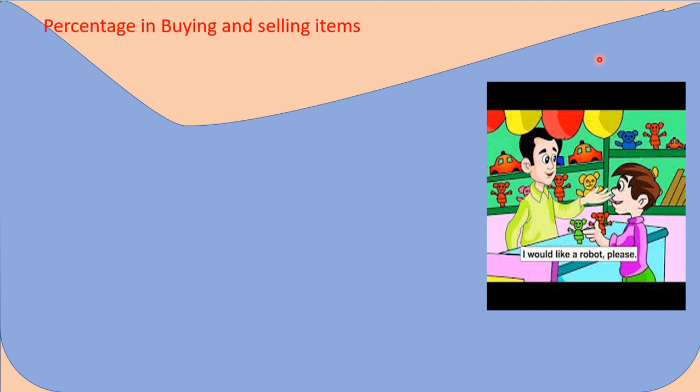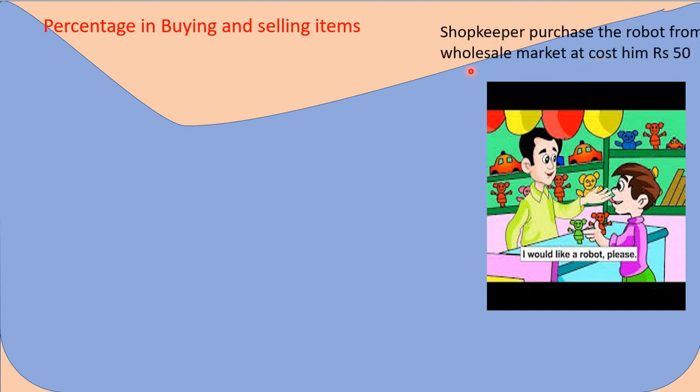Now the shopkeeper purchased it from the wholesale market at a cost of rupees 50, and we can say the cost price of the item is rupees 50 for the shopkeeper. Now he sells this item to the boy and says that the cost of this item is rupees 60. This is the selling price for the shopkeeper.